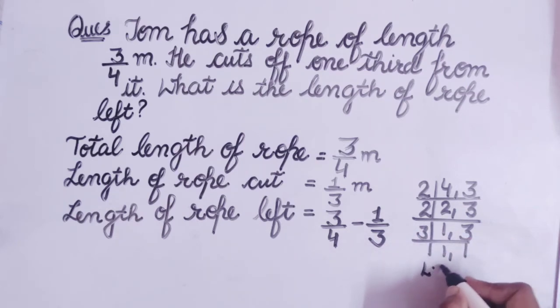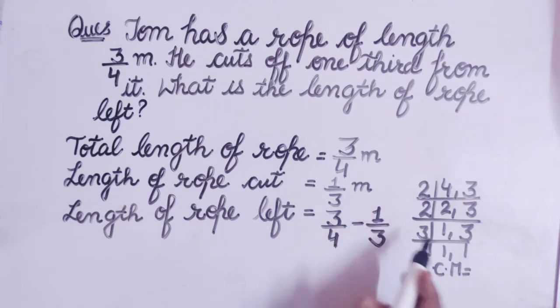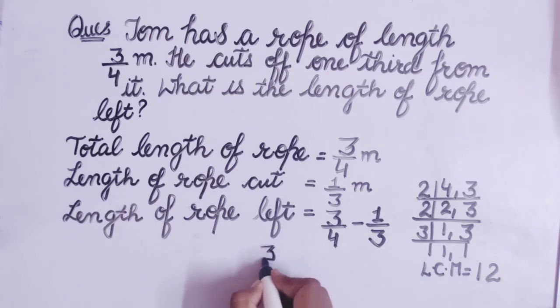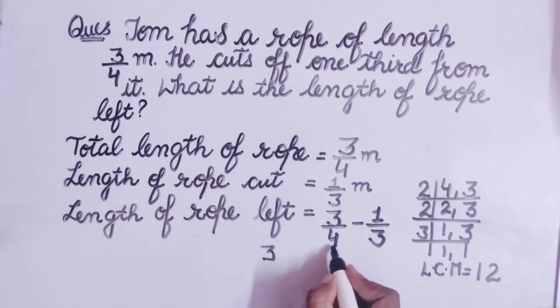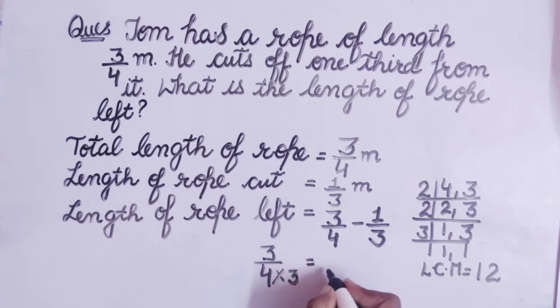Now students, my LCM will be 2 2s are 4, 4 3s are 12. So my LCM is 12. I have to make my denominator 12. Now students, by which number should we multiply 4 so that it can become 12? With 3. 4 3s are 12.